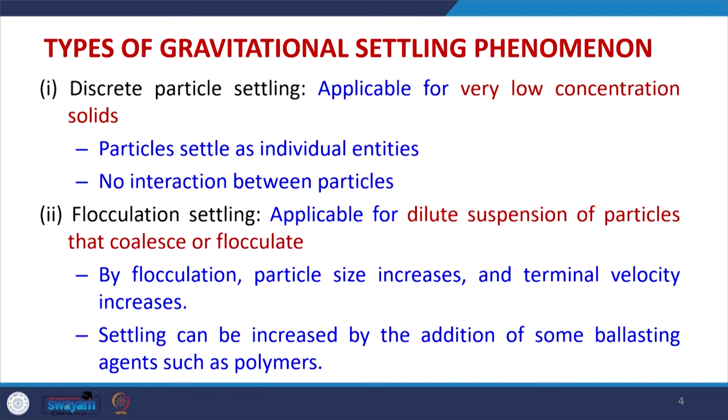Now, flocculent settling is applicable for dilute suspensions of particles that may flocculate or coalesce together. By flocculation the particle size increases and the terminal velocity also increases as compared to the discrete particle settling case. Settling can also be increased by addition of other agents such as polymers that we have studied in the previous case, and that will come under flocculent settling.